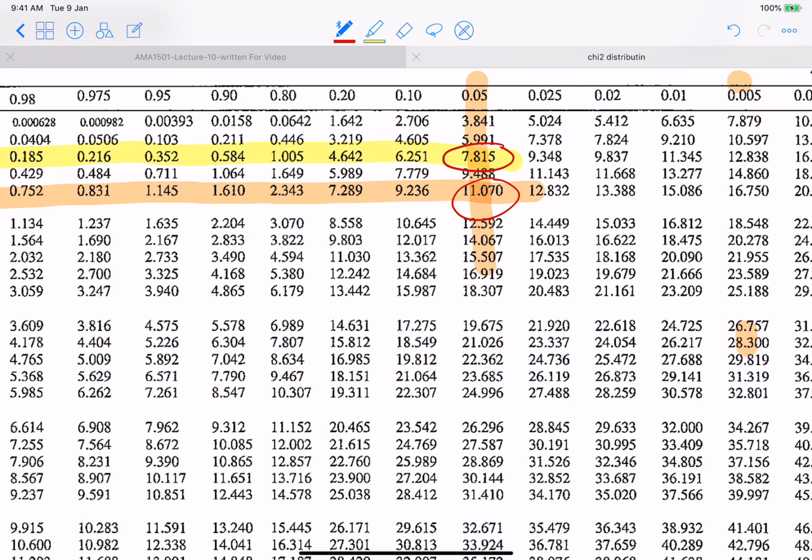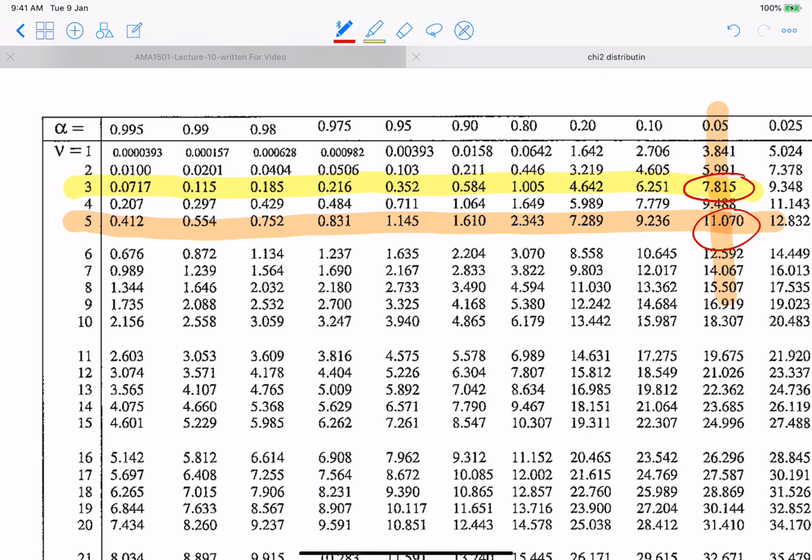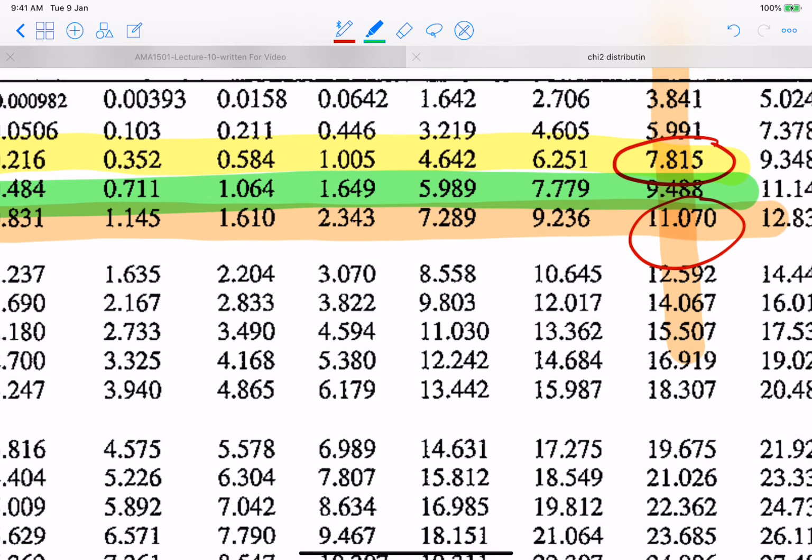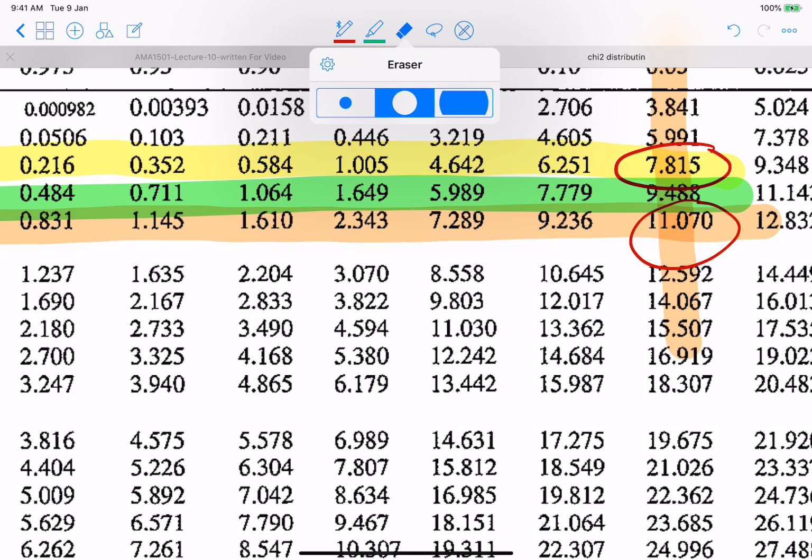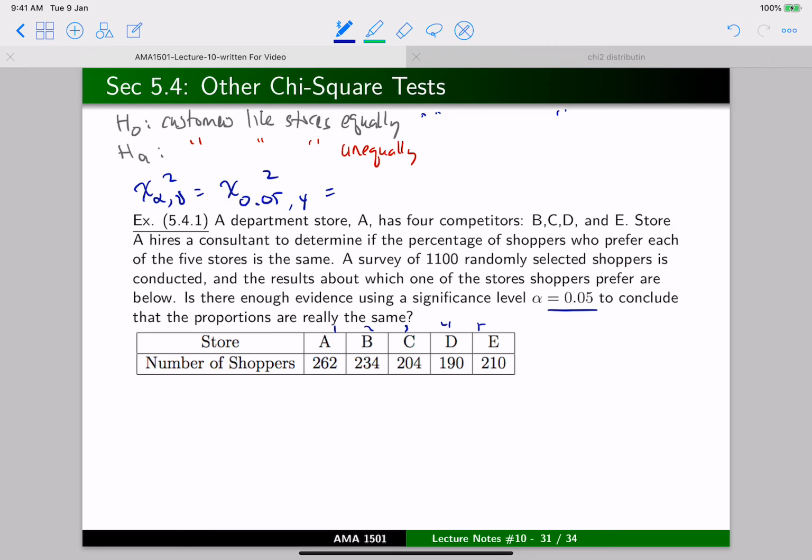Let's get a chi-square table at 4 degrees of freedom. Okay, we use green this time. It's 9.488. So this is the observed values, and the expected value: 1,100 randomly selected shoppers divided by 5 stores.